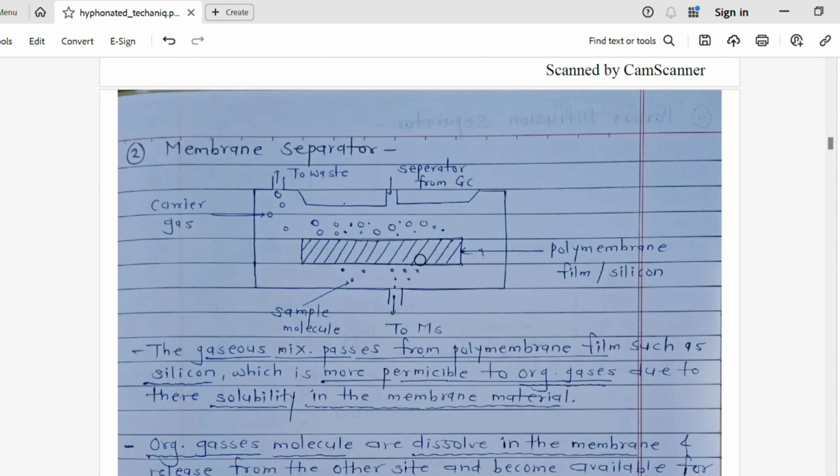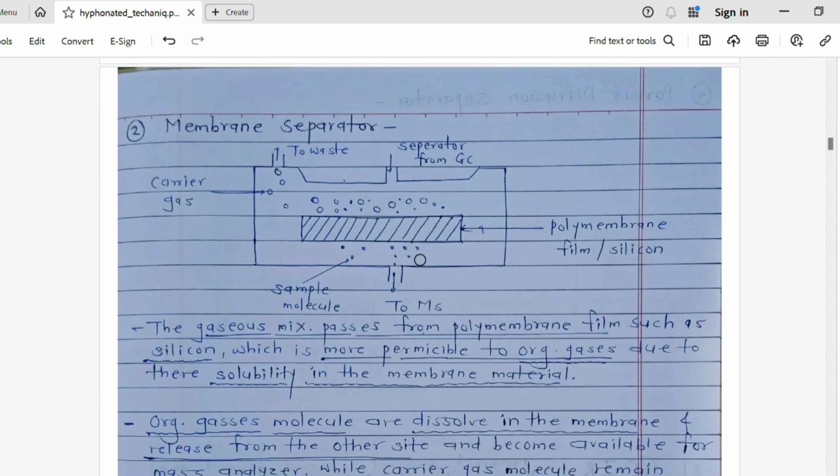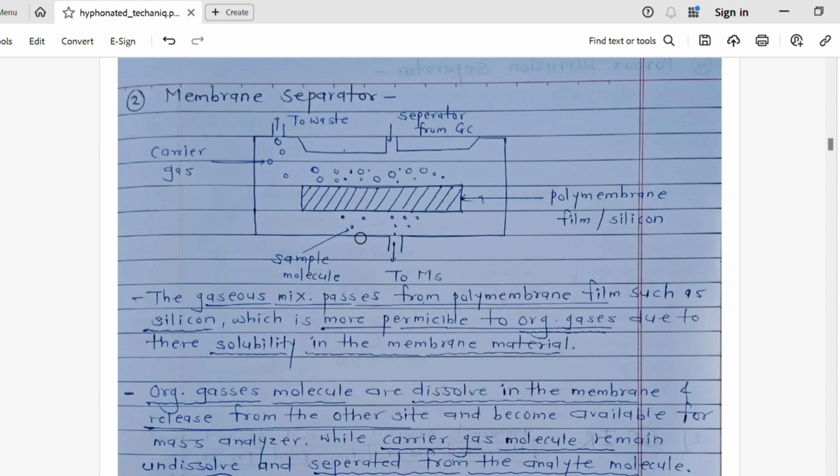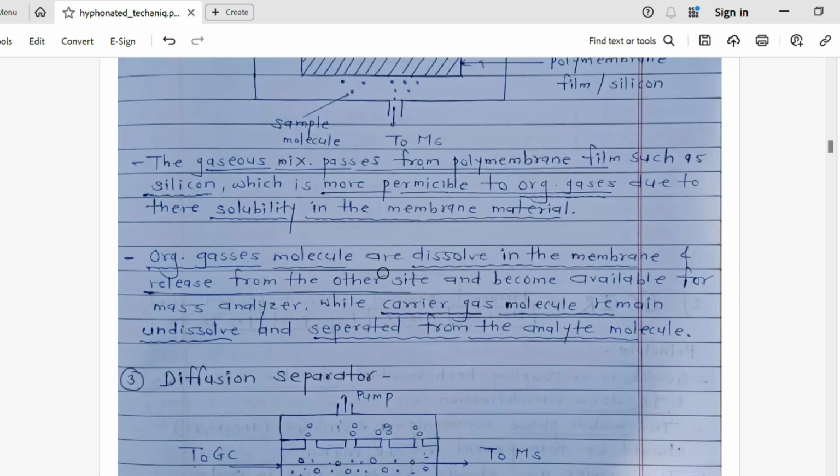The carrier gases come in contact with the polymer membrane and get separated, and the remaining unwanted carrier gas is removed from this waste side. After separation with the help of the polymer membrane, the sample passes to the mass spectroscopy.